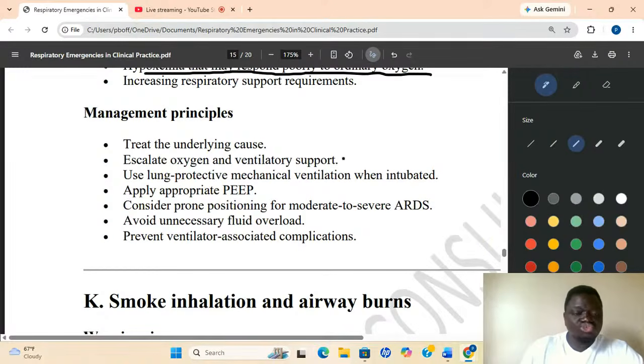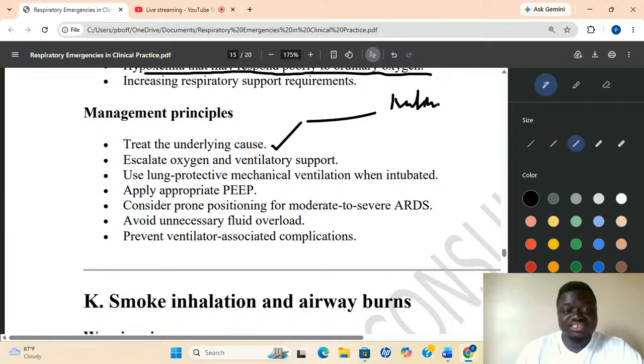So how are we going to treat this patient? We have 30 minutes to go. You treat the underlying cause. If pneumonia, kill the bacteria with your antibiotics.